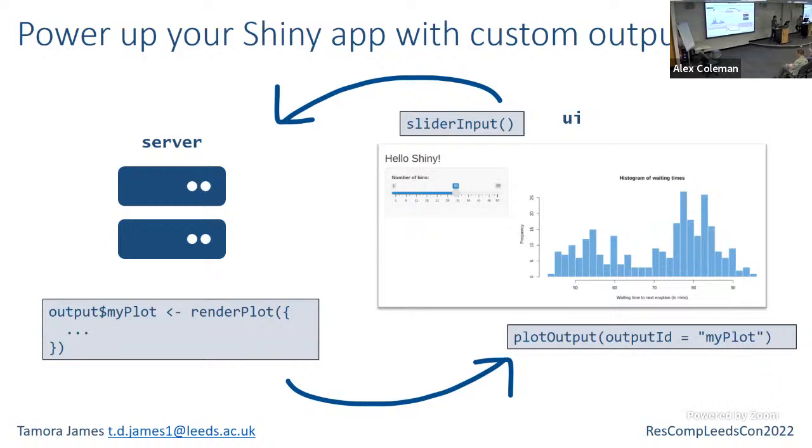The inputs get sent to a server component, which does all the back-end processing to manipulate your data and produce the plot that then gets sent forward to the front end. This is a really nice framework, and it's really useful for standard inputs like plots and tables.